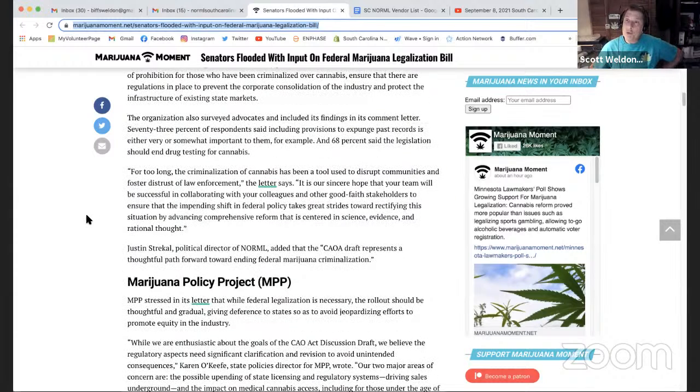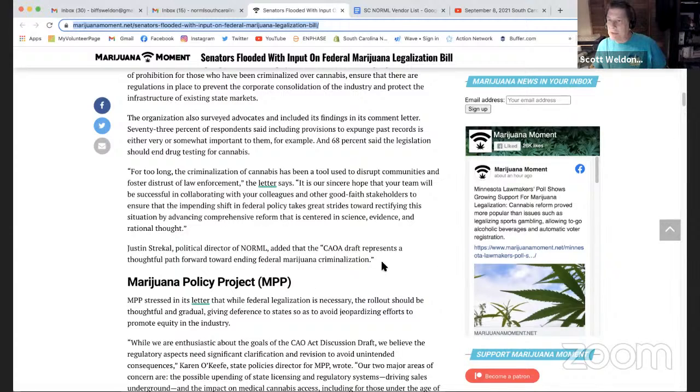But the quote from Normal: for too long, the criminalization of cannabis has been a tool used to disrupt communities, foster distrust in law enforcement. And it's our sincere hope that your team will be successful in collaborating with your colleagues and other good faith stakeholders to ensure that the impending shift in federal policy takes great strides toward rectifying this situation by advancing comprehensive reform that is centered in science, evidence, and rational thought.